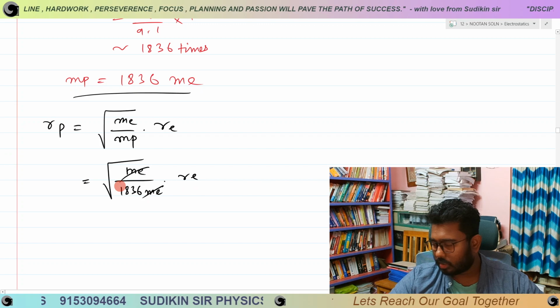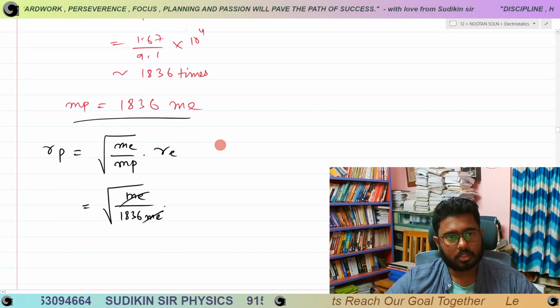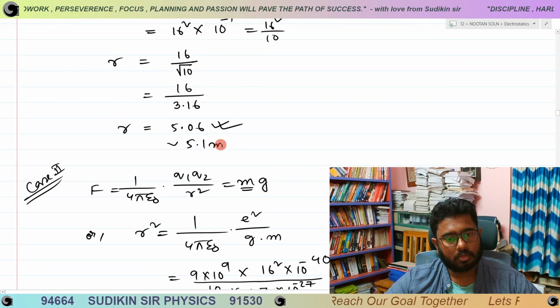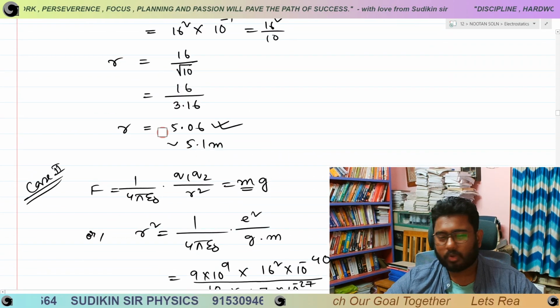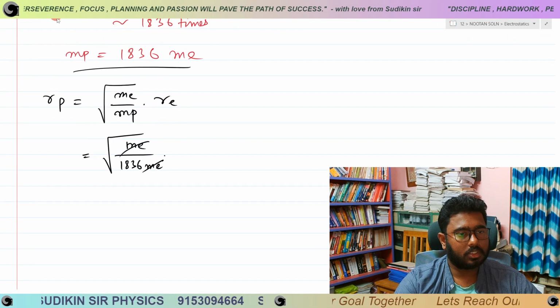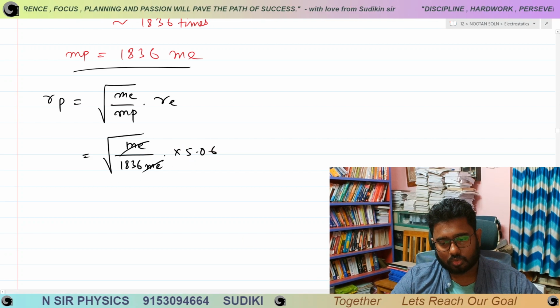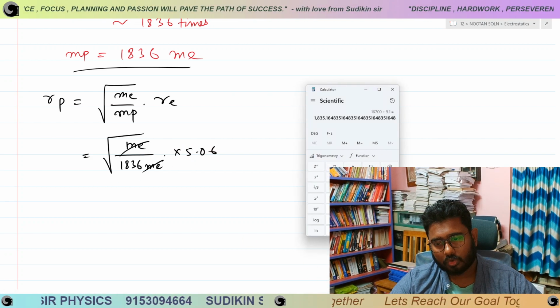So Me will cut away. Re, we have just found out as 5.06 meter, so times 5.06.